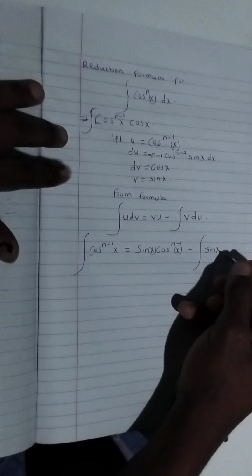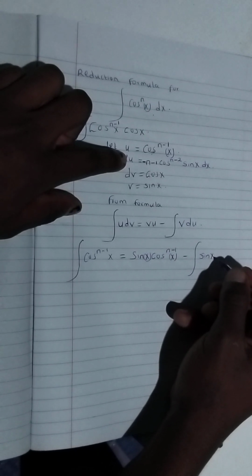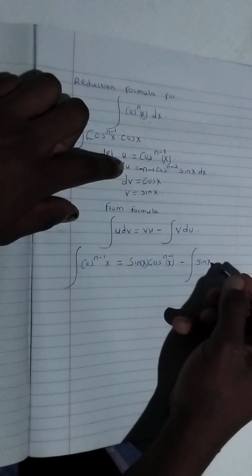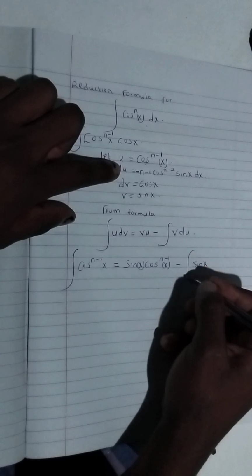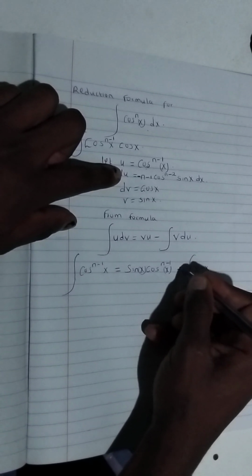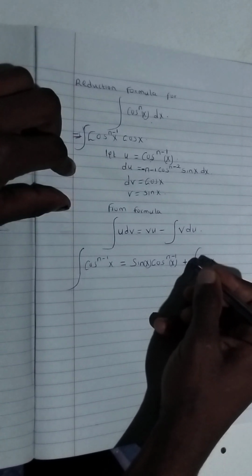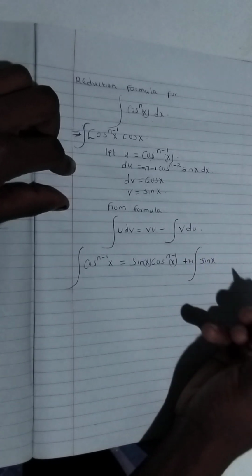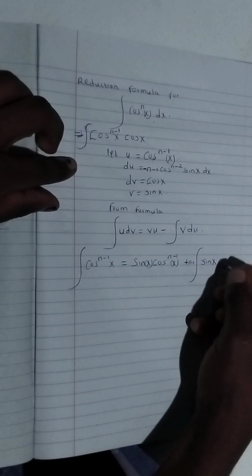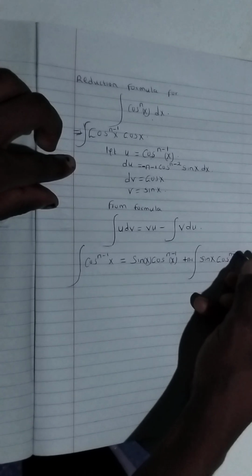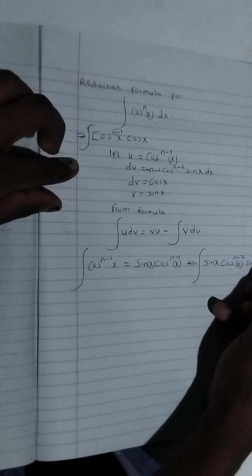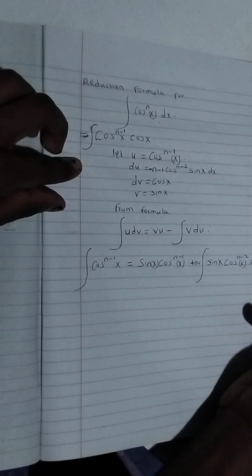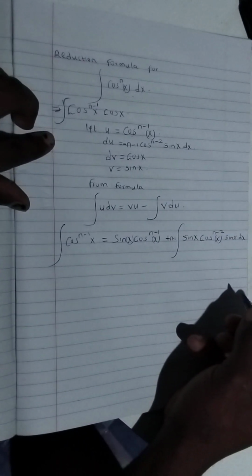But what is du? du is negative (n-1). So when you bring that negative (n-1) outside the integral sign, it will change this to positive. Then we shall have (n-1) out here, then the remaining part, cos^(n-2) x sin x dx, will be inside.